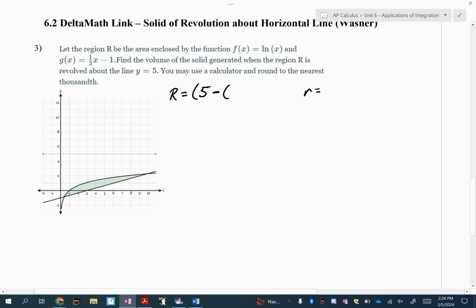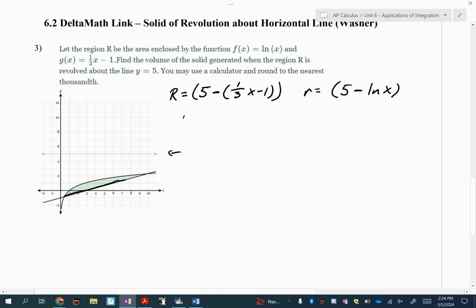If I look at this area, this line is farther away from this axis of revolution. So I'm going to do 5 minus 1/3 x minus 1. That's going to be my capital R. So remember, that's the axis of revolution minus the farthest one away. The one that's closer is going to be the natural log of x.